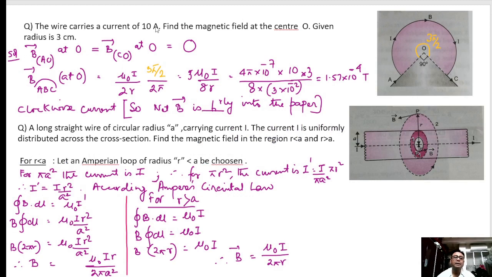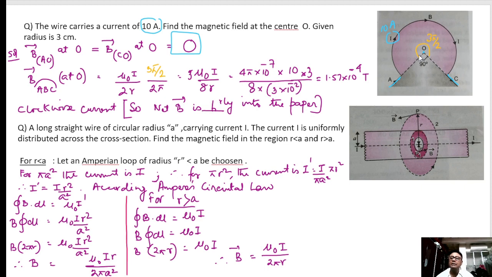Two wires carry current of 10 amperes each. So these are the wires, this is carrying current 10 amperes, and here the current flowing is also 10 ampere. So what is the magnetic field at the center? First of all, due to the straight wires, the magnetic field at the center should be 0. What is the magnetic field due to only this circular segment?